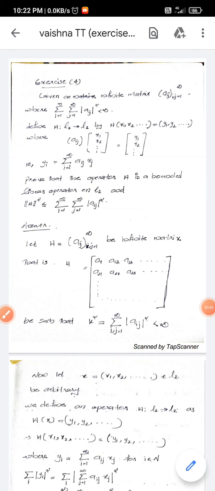Then here we have to prove that the operator A is a bounded linear operator on the space L2.